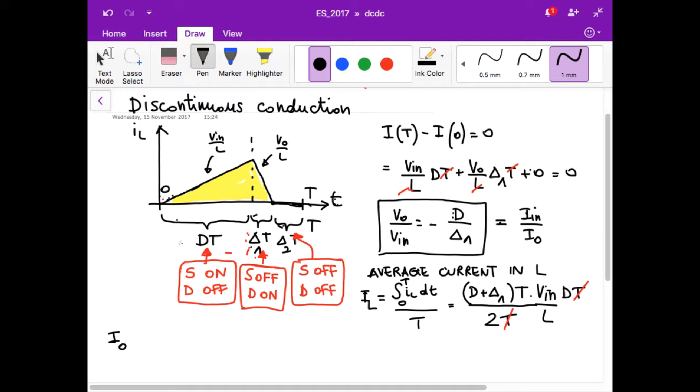know that the current in the inductor passes through the output only during the time delta 1.